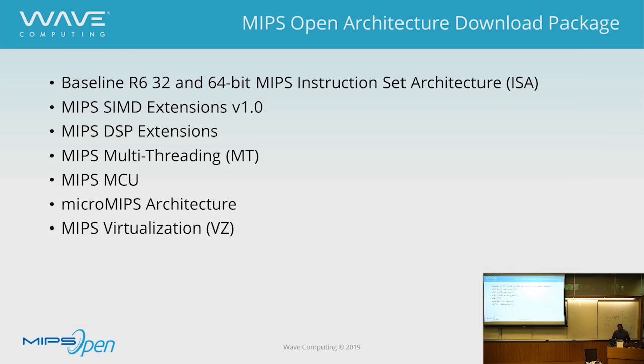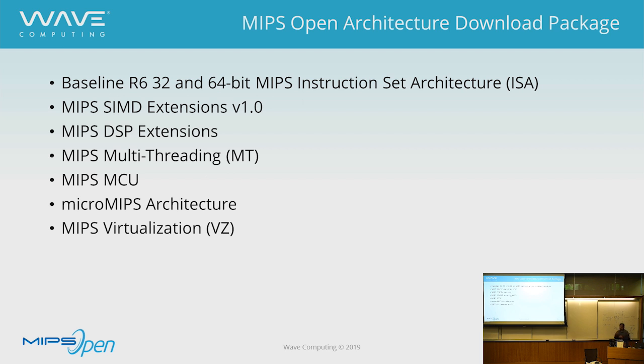So what does the MIPS Open Architecture download package include? It includes the latest R6, release 6, 32 and 64-bit versions. And the SIMD, which is popularly used in multiple applications. The DSP extensions for multimedia applications, voice, video, and then you have multi-threading.